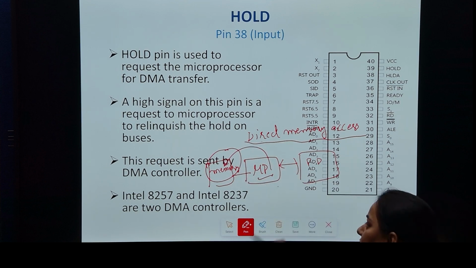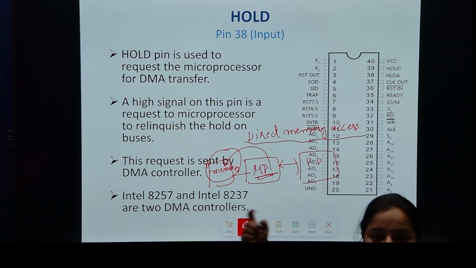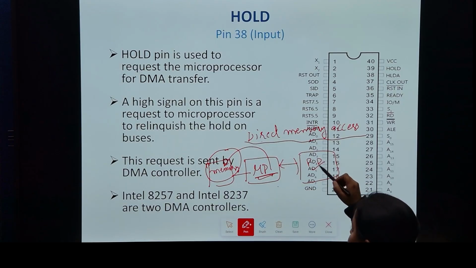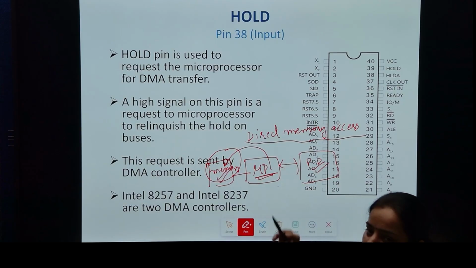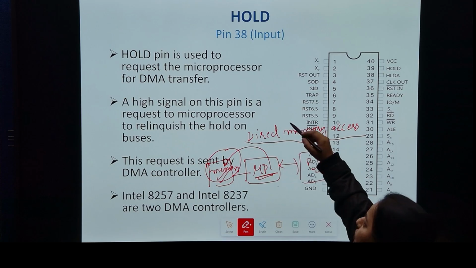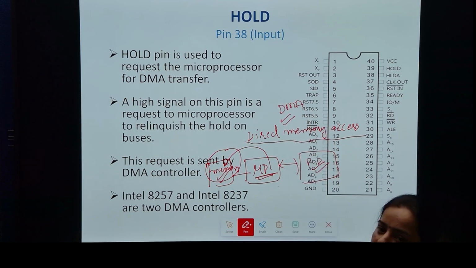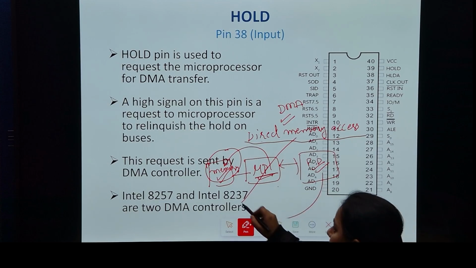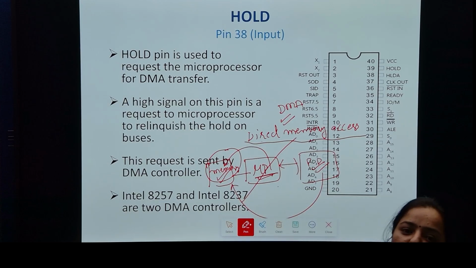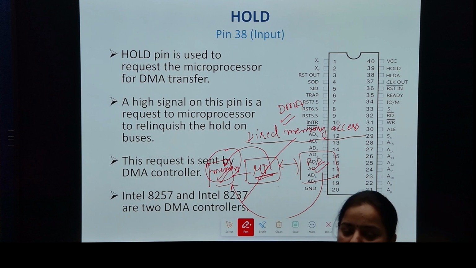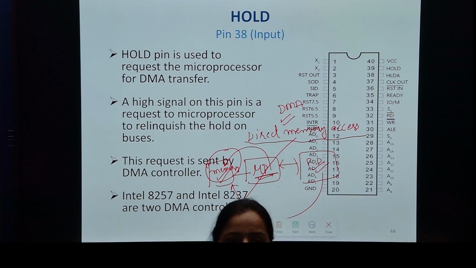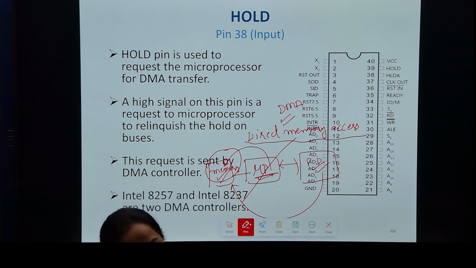What it means is that the microprocessor acts as an intermediator between the peripheral device and memory. By using DMA signals, direct memory access signals, the microprocessor will be bypassed and the peripheral device will directly access the memory of the microprocessor.